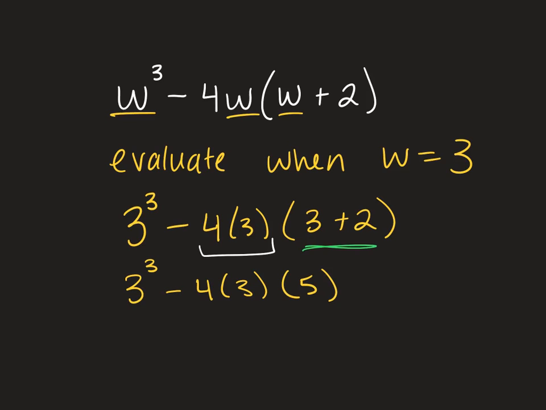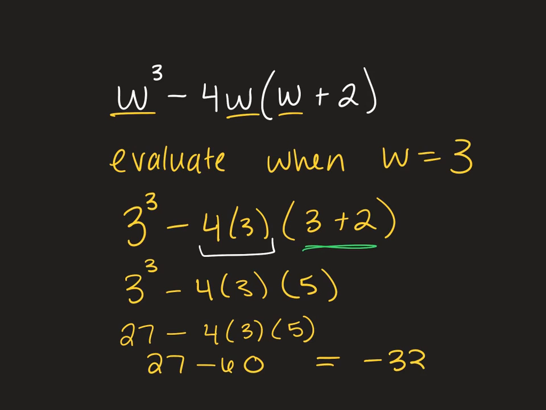So 3 to the third is 27. All right, and then we've got that multiplication of 4 times 3 times 5. I would just multiply those 3 all at once. And that's going to give you 60. So you get 27 minus 60, which is going to be equal to negative 33.